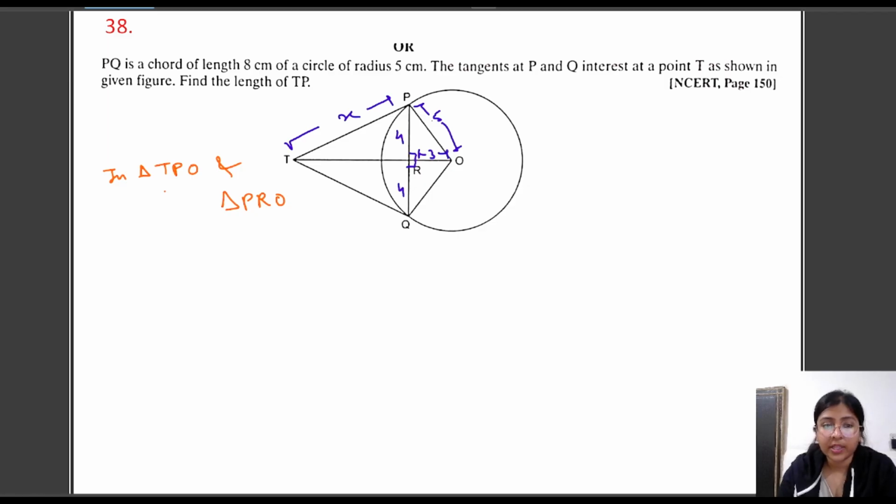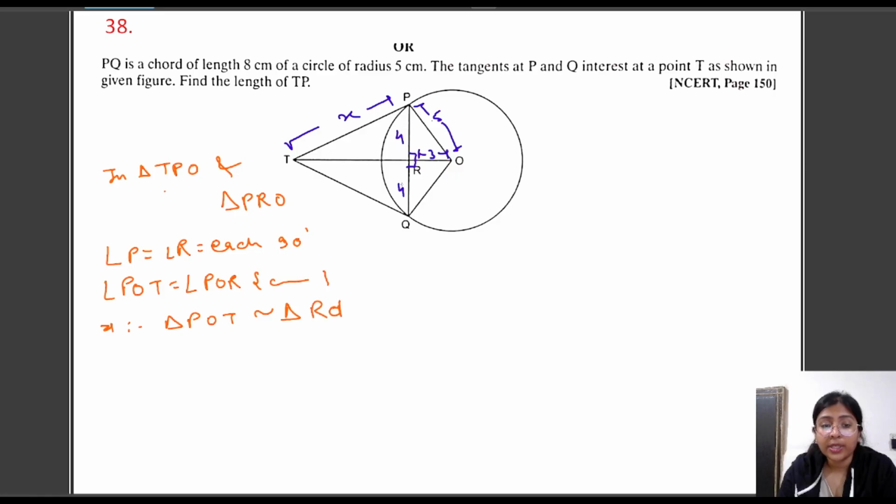So see this, angle P is equal to angle R, each 90 degree. Angle POT is equal to angle POR, common. These two angles are common, therefore triangle POT is similar to triangle ROP. Yes or no? By the AA similarity criteria. If these two triangles are similar, their sides must be proportional.